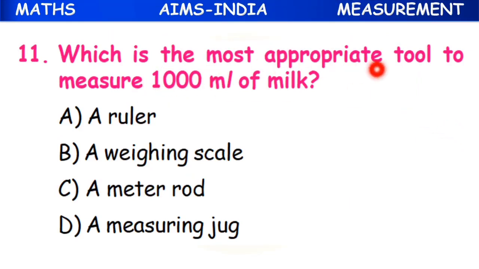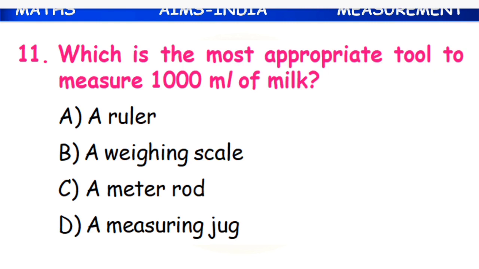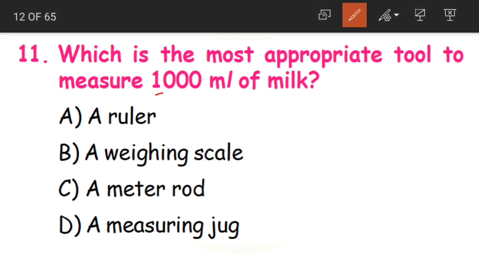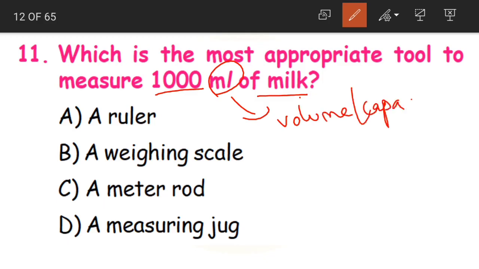Question 11. Which is the most appropriate tool to measure 1000 milliliters of milk? Now again, 1000 milliliters of milk. Milliliters means here we are talking about volume or the capacity. If you look at the options, we have option A, a ruler.